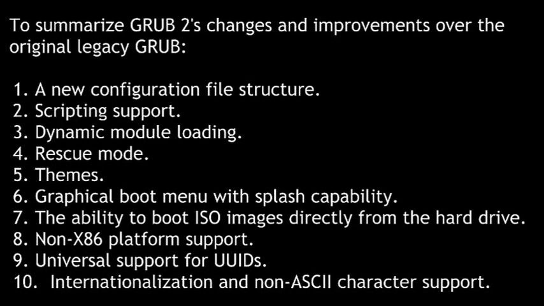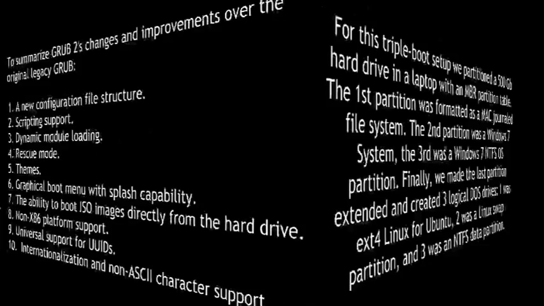Graphical boot menu with splash capability. 7. The ability to boot ISO images directly from the hard drive. 8. Non-x86 platform support. 9. Universal support for UUIDs. 10. Internationalization and non-ASCII character support.